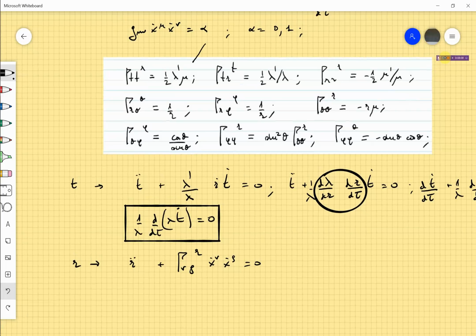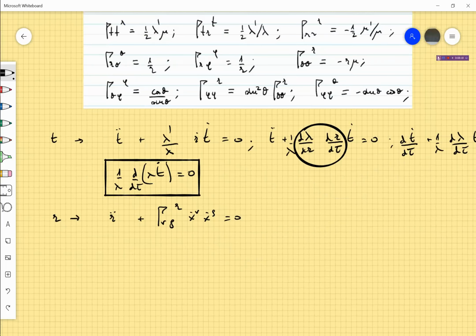Let me take this out, and there are no factors of 2 or anything here. So I have 1/2 lambda prime mu, and this is t dot squared, plus now this one, minus 1/2 mu prime mu r dot squared, and finally minus r mu theta dot squared equal to 0.